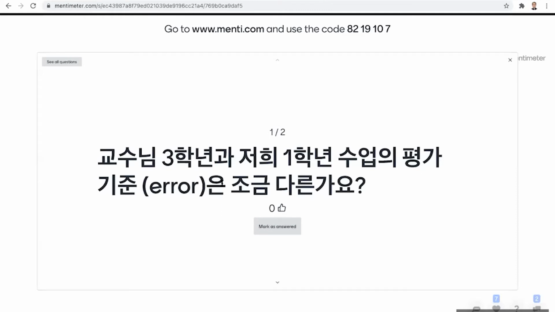Actually, it doesn't matter, because I'm going to classify the students in my other class. Let me say it this way. We have 105 students in this class.